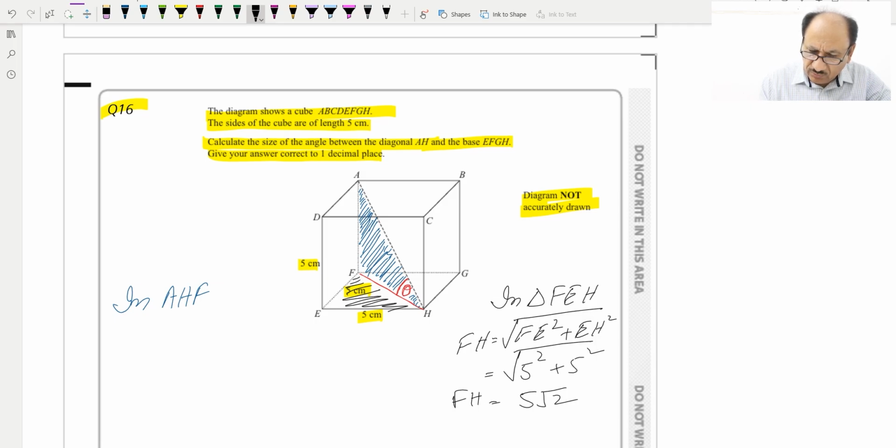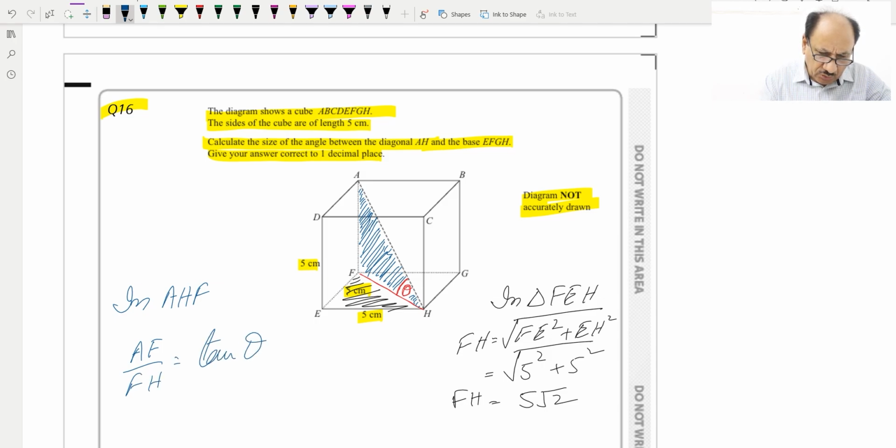And now we can use triangle AHF. We have FH and we have the edge AF also, so we can use sine, cos and tan. AF is opposite and FH is adjacent, so opposite over adjacent will be equal to tan theta.